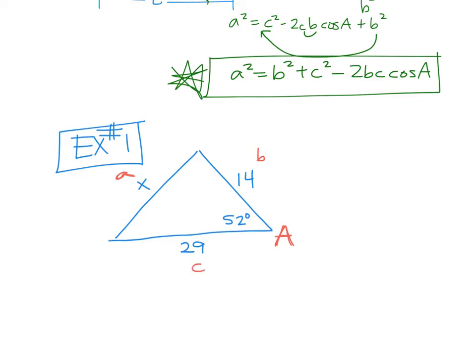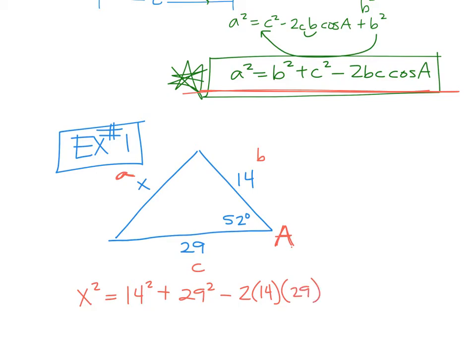So it doesn't matter if 14 is B or if 29 is B. B and C are interchangeable every single time. So we have capital A, lowercase a, B, and C, and we just need to plug that into this formula. So it's going to be a squared, or x squared, equals b squared, 14 squared, plus c squared, 29 squared, minus 2 times 14 times 29 times the cosine of our angle A, which is 52.